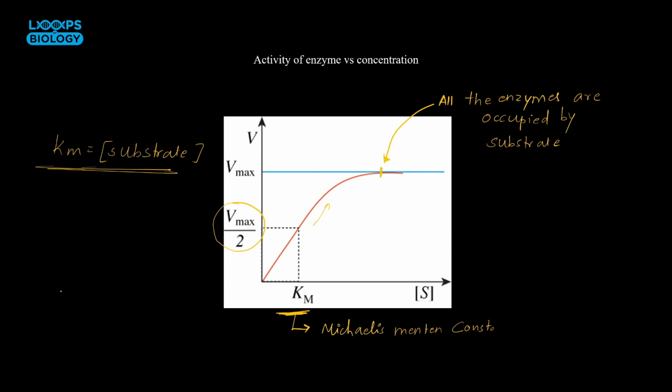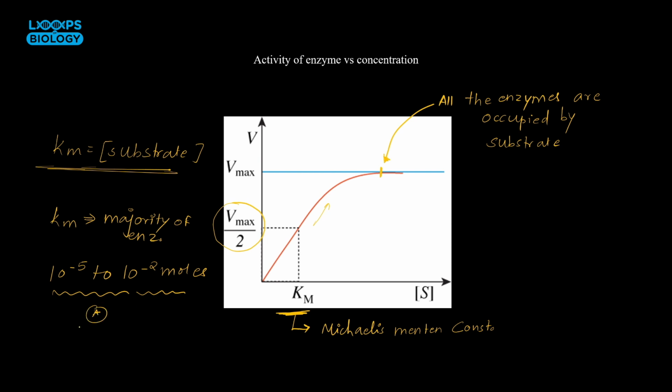Alright. Now this Km value can vary for the majority of enzymes from 10 raised to 5 to 10 raised to minus 2 moles. This information, if remembered, good. If not, I haven't seen any question directly asked on this particular range. But for you guys not to miss out any part, I am going to give this information.